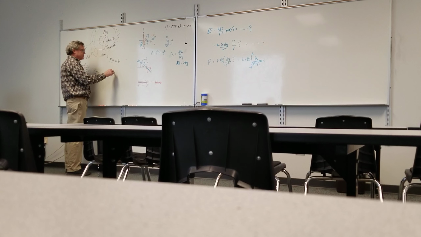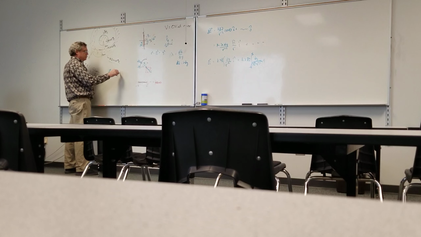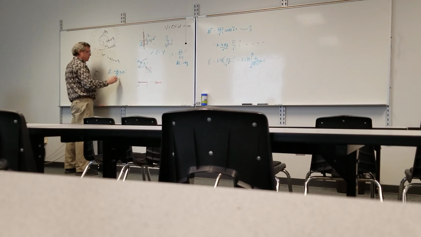So dE is K dQ over R squared, since R is a constant, I made it capital R. dQ cosine, negative sine theta I hat plus, no, it's going positive I hat, negative J hat, minus K dQ over big R squared cosine theta J hat.